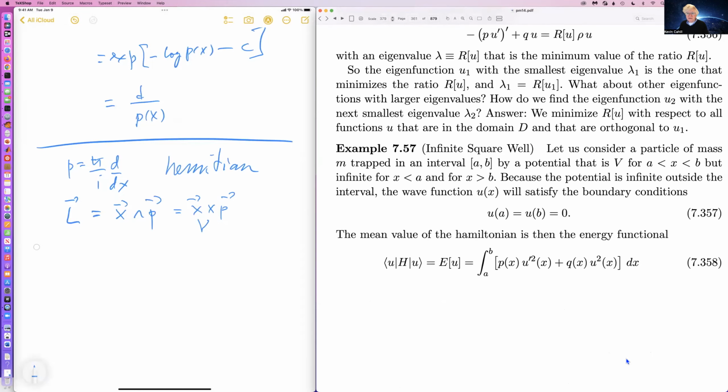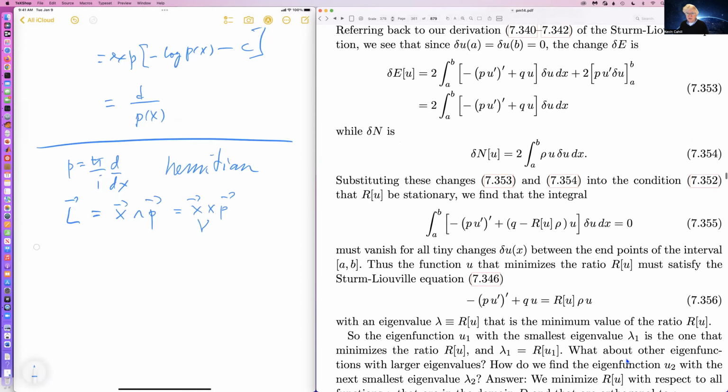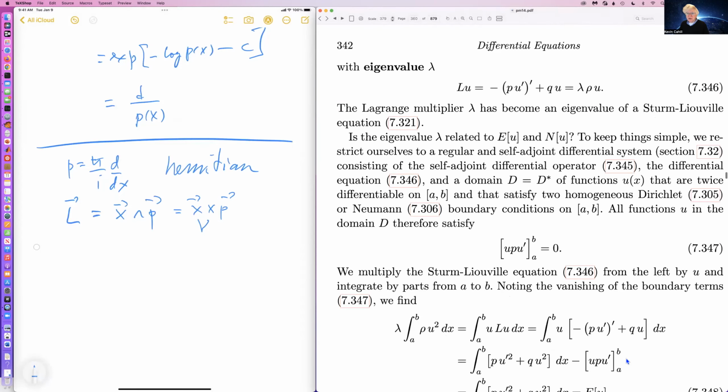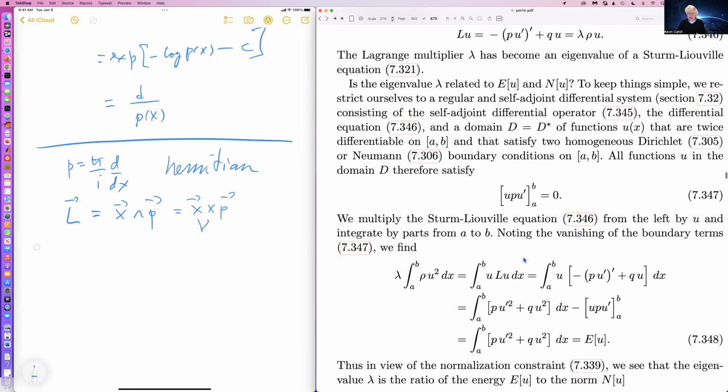All right, I've gone way off the page. The Sturm-Liouville equation like this. And the eigenvalue is the thing that minimizes the ratio of e to n.